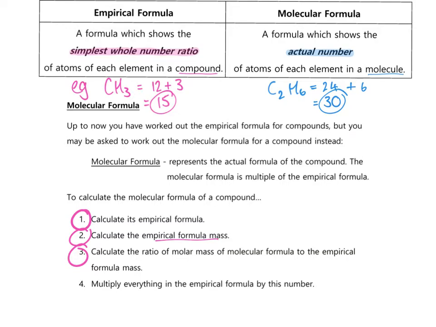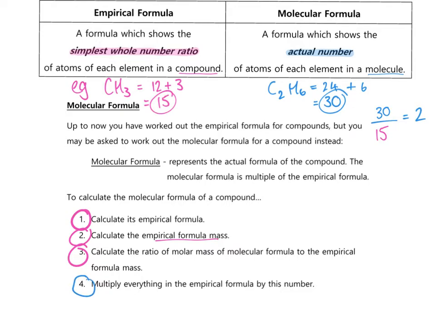So if I was to calculate the ratio of the molar mass of the molecular formula to the empirical formula mass, I would essentially be doing 30 divided by 15, which is 2. And that's what we mean by the ratio of molar mass of molecular formula to the empirical formula mass in step number 3. And then what we do is we multiply everything in the empirical formula by this number.